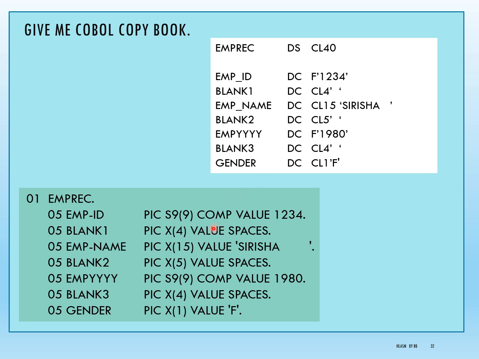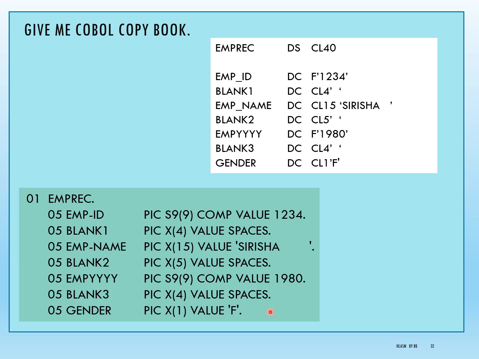Then you have X4 which is initialized with spaces. Then you have X15 initialized with a name. Then again another X5. Then S99 comp, which is nothing but your full word, initialized with 1980. There is a blank space. Then you have a gender value after that.